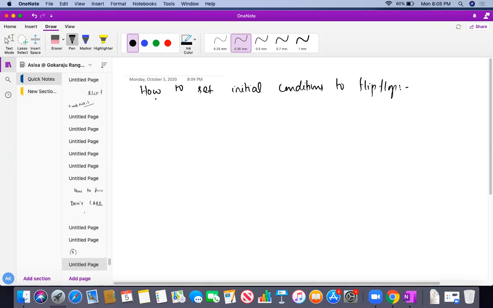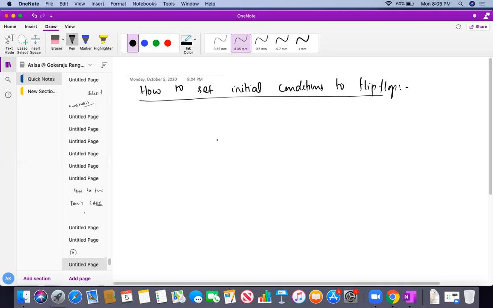We have just said till now that we assume Q equal to 0, Q bar equal to 1. Now somebody will ask, how will we do that? Obviously it's a valid question. Initial conditions are applied to the flip-flop before applying the actual flip-flop inputs.